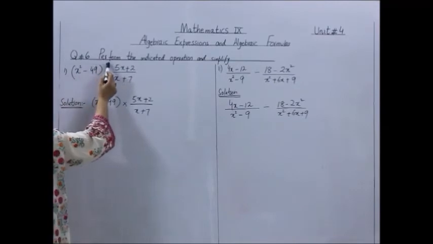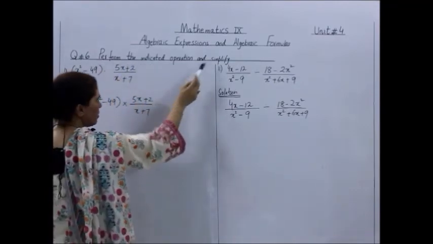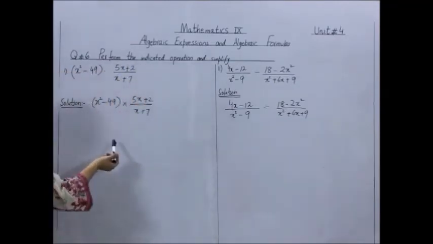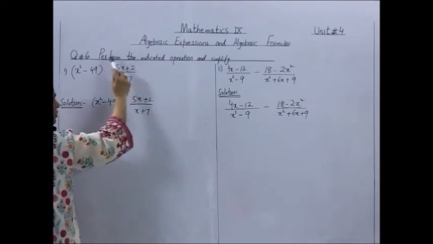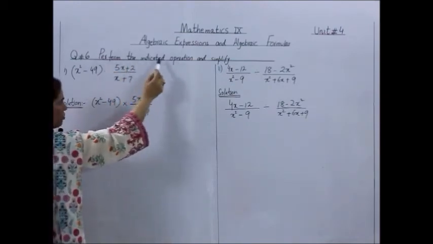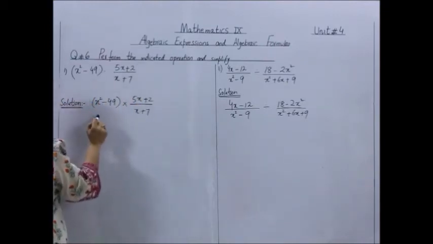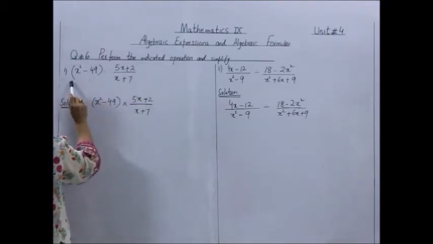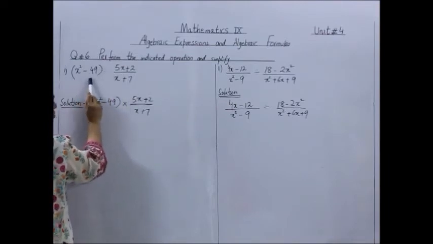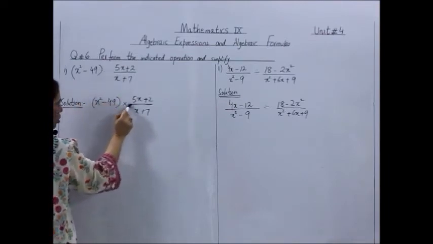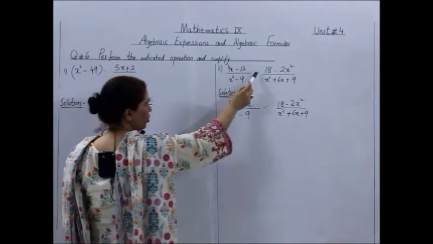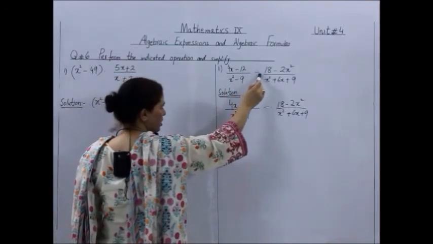Next, question number 6. Perform the indicated operation and simplify. Simplify means you have to simplify, but what does indicated operation mean? Indicated operation means what you are asked to do in that particular question. Like see question number 1, you are asked to multiply these two, and in question number 2, the indicated operation is division.